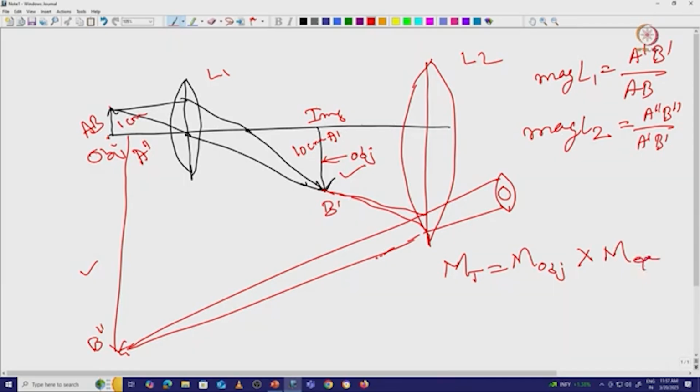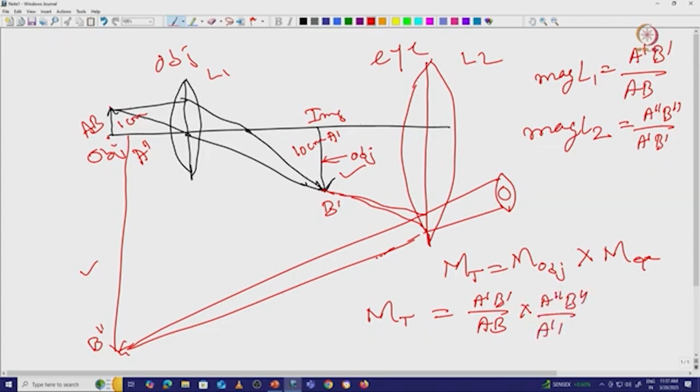If we implement these things, with this as the objective lens and this as the eye, the total magnification is A prime B prime by AB multiplied by A double prime B double prime by A prime B prime.